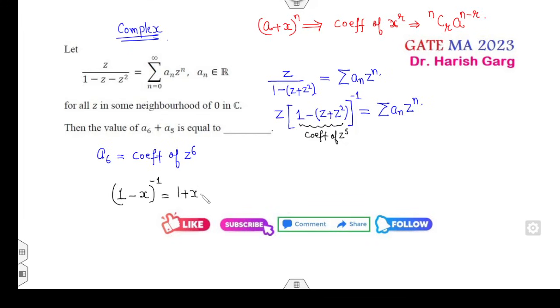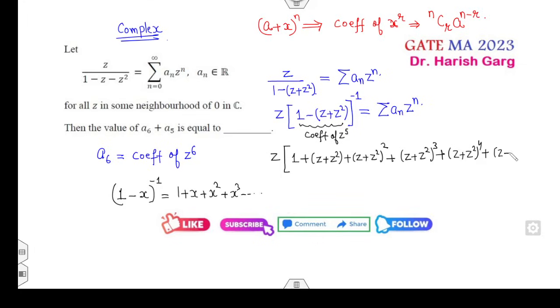It is always 1 plus x plus x square plus x cube and so on. Fine. If you write this expansion 1 plus x plus x square plus x cube, plus x4 and so on. ये तो बनेगी ना 5 तक आपके पास पावर.